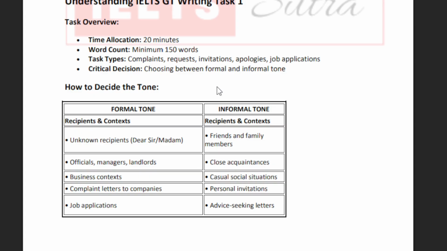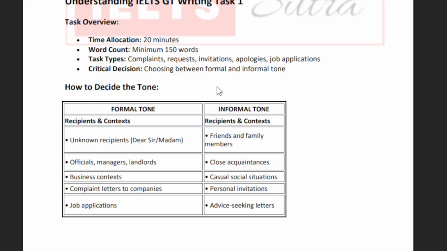Whereas, if you are writing this letter to somebody who you cannot consider as your friend, for example your senior, or your boss, or a colleague who is senior to you, then in that case you have to choose the formal tone. You have to be more respectful, you have to be more polite. So the formal tone you have to choose in that case.